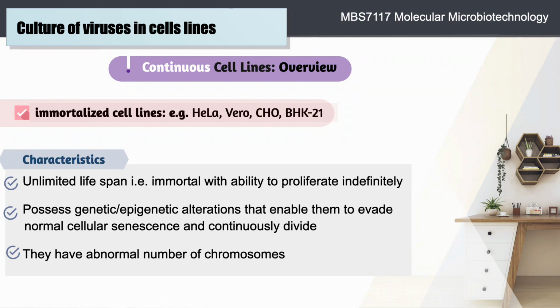First, they have an unlimited lifespan, so you can continue to proliferate them almost indefinitely. Secondly, they possess genetic and epigenetic alterations that enable them to evade normal cellular senescence and continuously divide. Thirdly, they have an abnormal number of chromosomes.